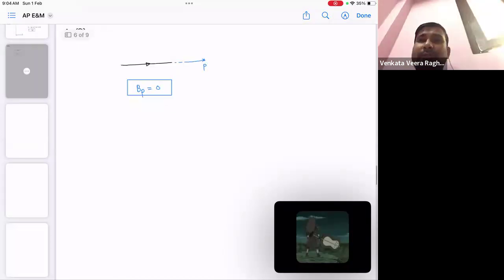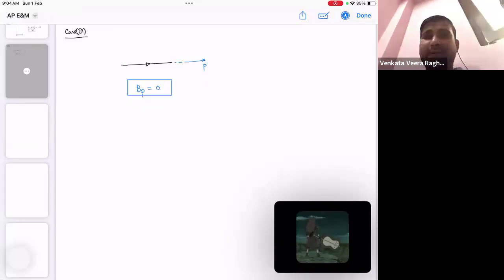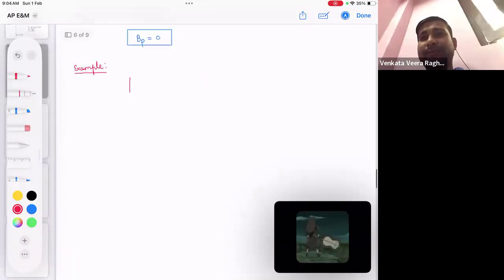Okay. So now let's take an example and try to calculate the magnetic field using this straight conductor situation. So in this example, what is given to us? A square loop is given to us.